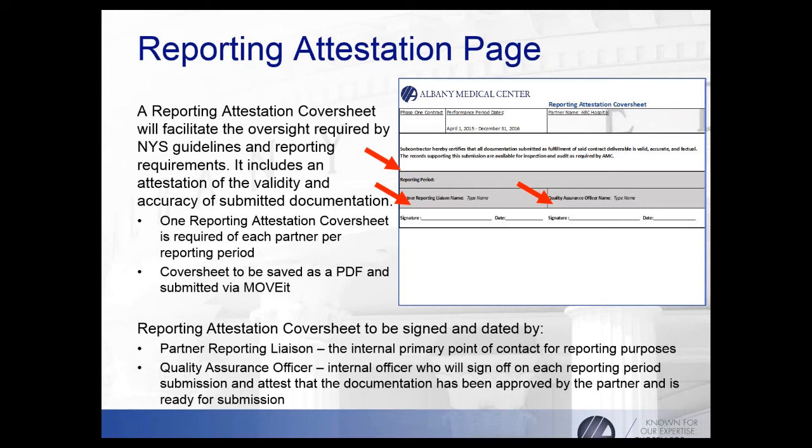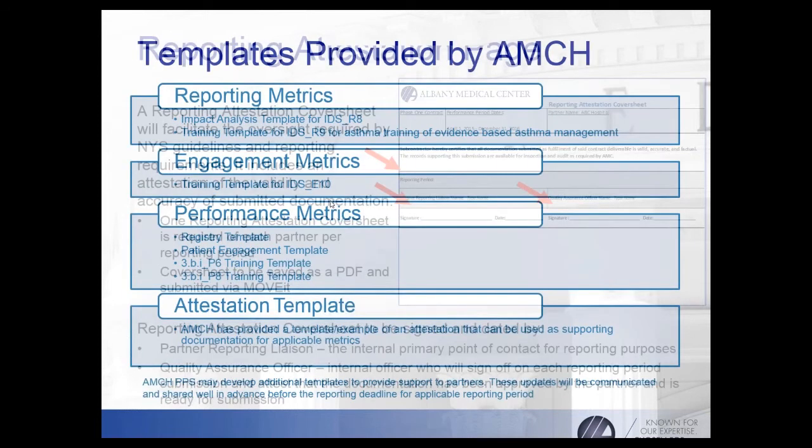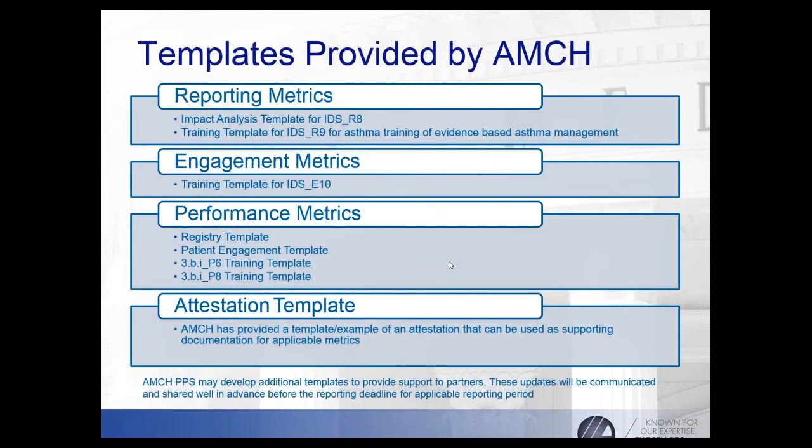Your reporting attestation page, this is what I was referencing right now, where you will need to assign a partner reporting liaison and a quality assurance officer. It's really important because it does facilitate the oversight that's required by the New York State guidelines and reporting requirements. It allows you as an organization to attest to AMCH that you are providing accurate and valid information, and that your supporting documentation is correct.